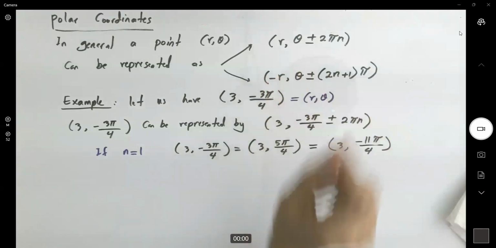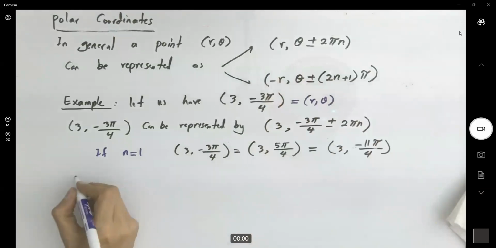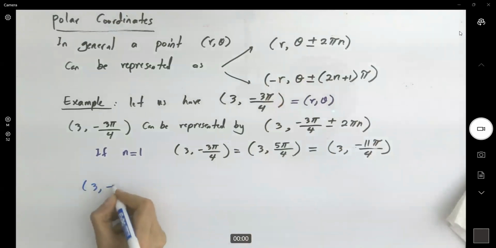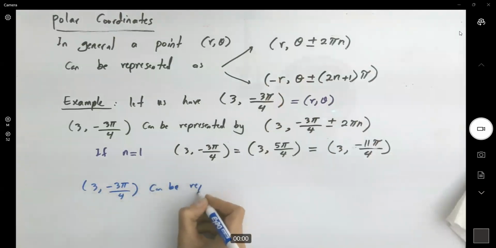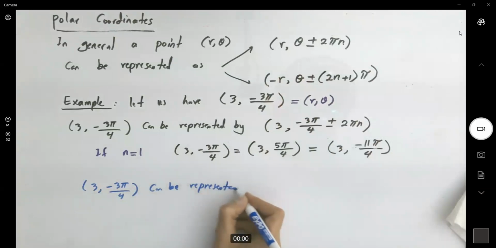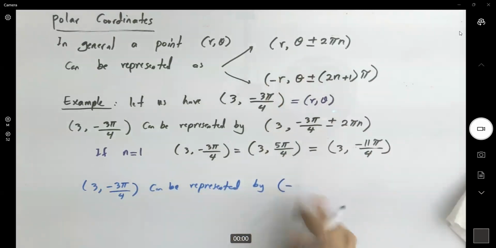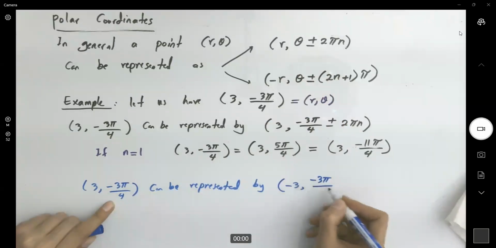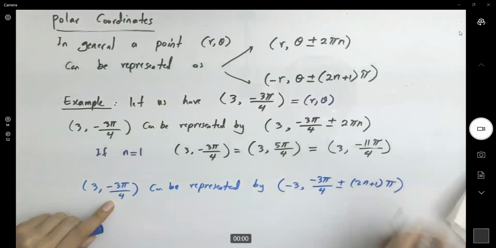Or you can follow the second formula. We can also write down 3 and negative 3 pi over 4 can be represented by the second formula, negative r, so it gives you negative 3 comma theta, which is negative 3 pi over 4 plus minus 2n plus 1 times pi.